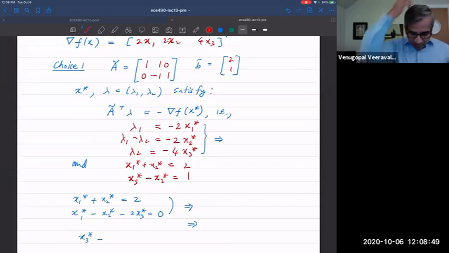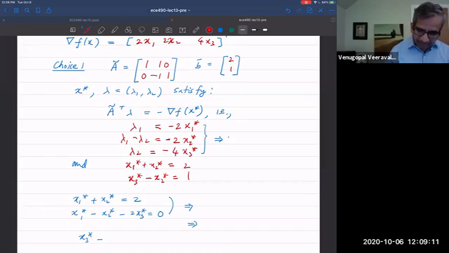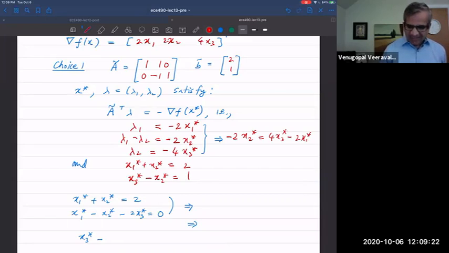Okay, and putting it all together, if you subtract from these three equations, you conclude that minus 2x2 star is 4x3 star minus 2x1 star. So this says that x2 star is x1 star minus 2x3 star.